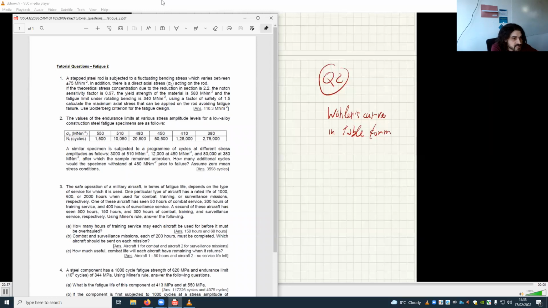And then we have 80,000 cycles at 380. And we know that this remains unbroken after all these cycles at different stress levels. It still hasn't failed. So how many additional cycles can this withstand at 480 megapascals? And we assume 0 mean stress conditions, so everything is purely stress amplitude.